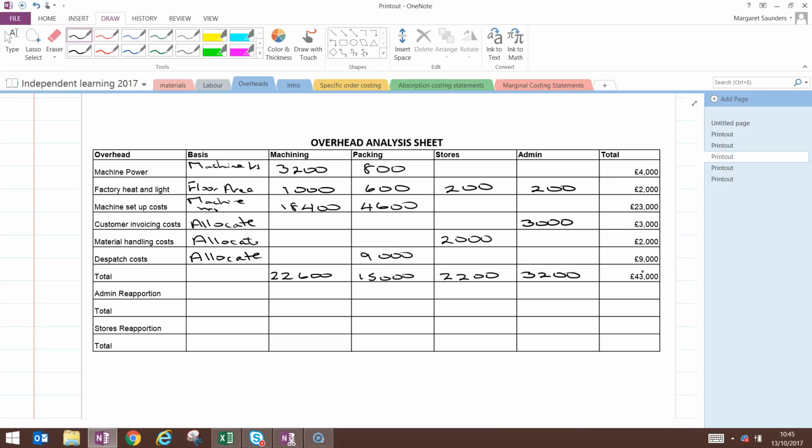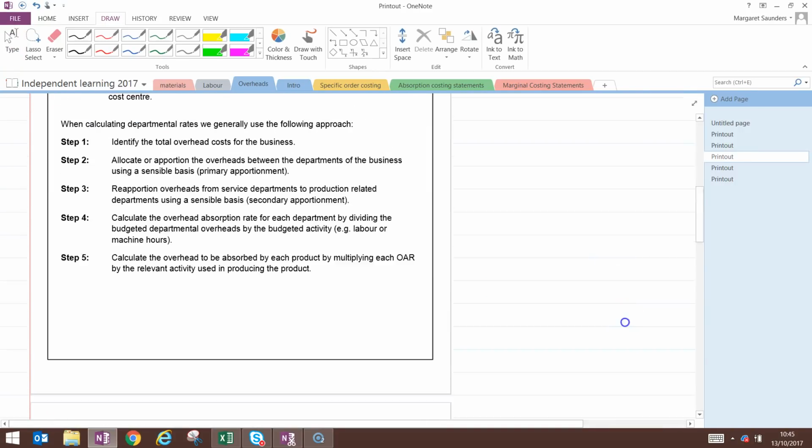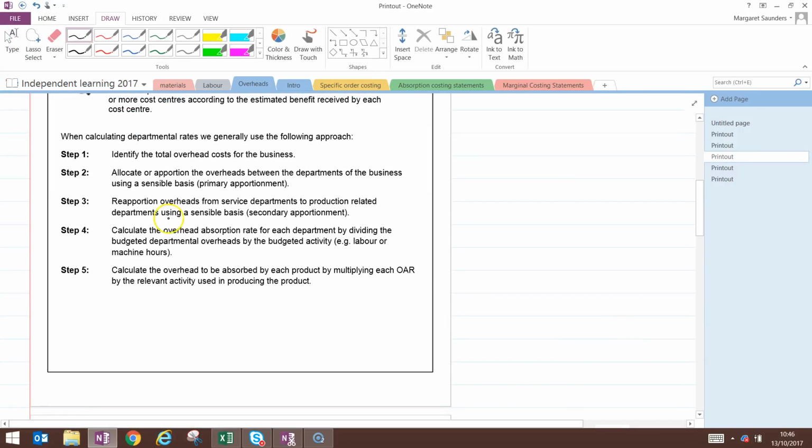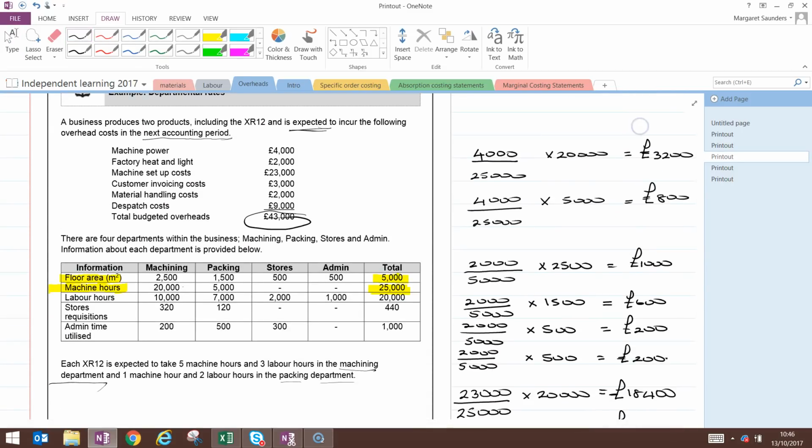So that's the apportioning. Now step 3, if we go back up, talked about reapportioning from service departments to production related departments. This is the secondary apportionment.